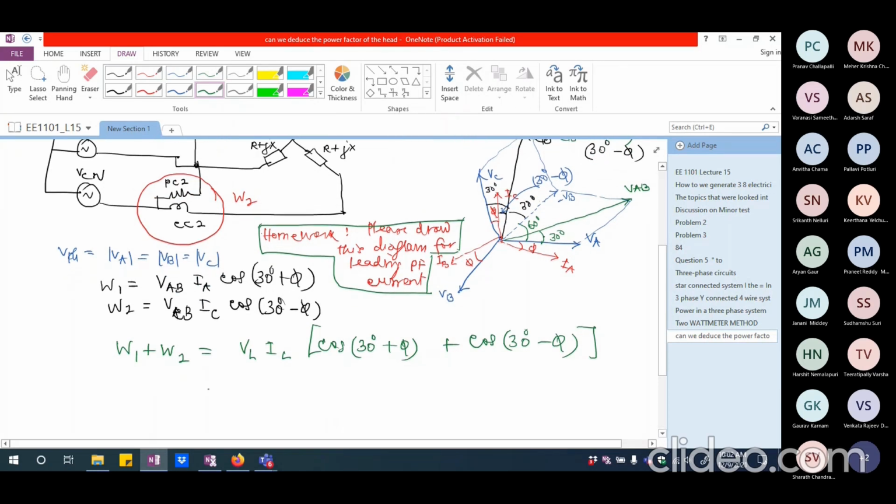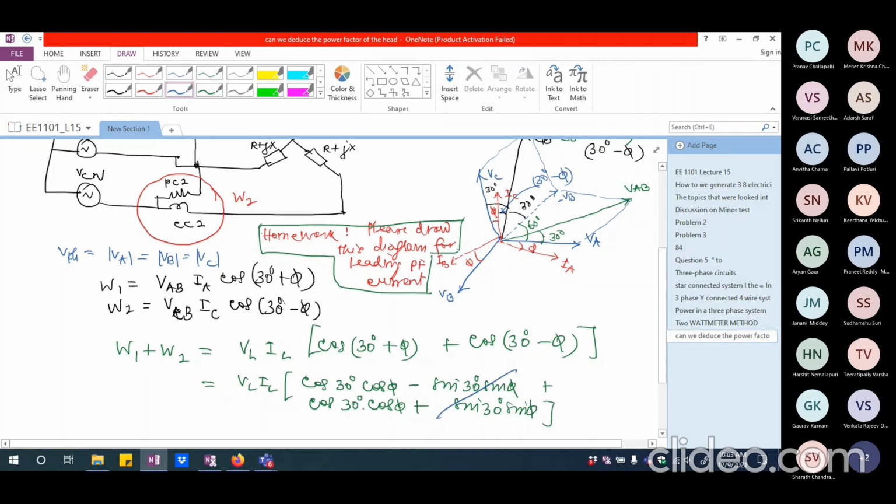Let me otherwise write cos A cos B minus sine A sine B. That is easier. So this is going to be cos 30 cos phi minus sine 30 sine phi. And cos of 30 minus phi is going to be cos 30 cos phi plus sine 30 sine phi. Which means these will get cancelled.